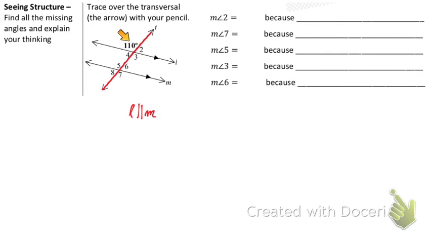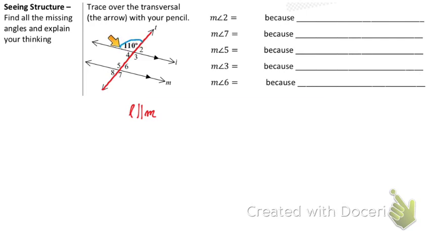So if you look here, the only angle I know is that this angle here is 110 degrees. So I'm going to highlight him in blue. I want to use 110 degrees, and I want to solve for angle 2.